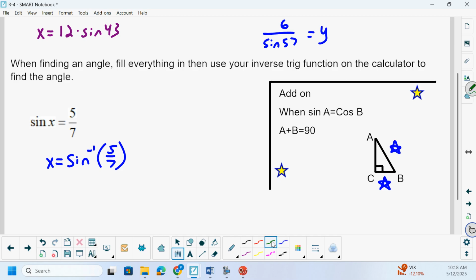Well, if you do cosine from B, the adjacent is this side, and the hypotenuse is that one. Well, notice they use the same sides, so that's why sine from one acute angle will always equal cosine from the other one. So again, if you could be adding what we have written there on that little box on the board if it's not already in the packet.